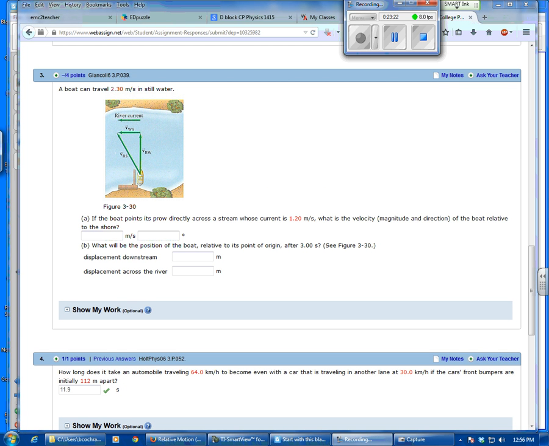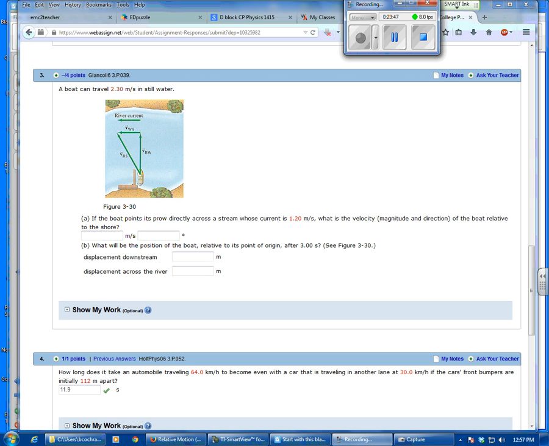All right, let's do number 3, because number 1 is very similar to the other 2 we've done this block. So let's look at number 3. You've got this boat. This is a lot like that activity we were doing the other day, right? So the main thing I would do here is I would definitely do a vector diagram.